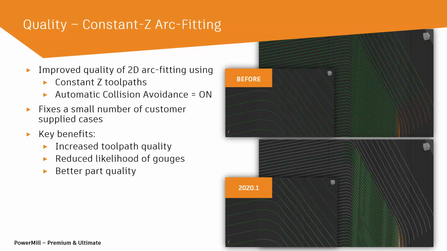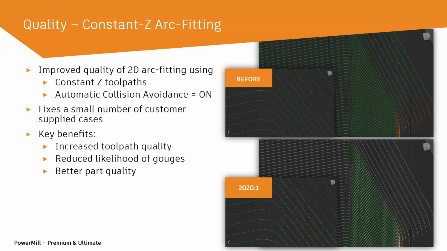On the subject of quality, and in particular looking at arc fitting in constant Z toolpaths, we've made this arc fitting significantly more reliable, specifically in the 2D corners of constant Z toolpaths when using automatic collision avoidance switched on. Now, you have to look quite closely, but if you look in the image on the top right-hand corner of the screen, and in particular that zoomed-in view where it says before, you'll see there's a few wobbles in the toolpath.